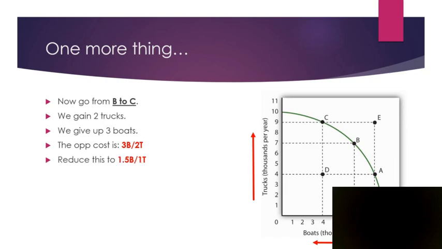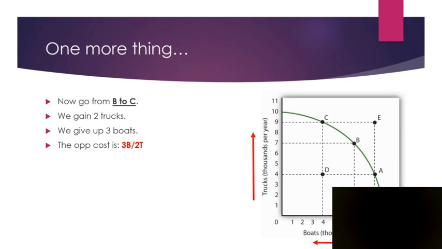Now we need to reduce it. Remember how I reduce it. Maybe you've already got the right answer, but if you're having trouble with this math, let's make sure. So look at this equation here. What do we need to do to get a 1 on the bottom? To get a 1 on the bottom, we have to divide by 2, right? So we have to divide the numerator by 2 and the denominator by 2.